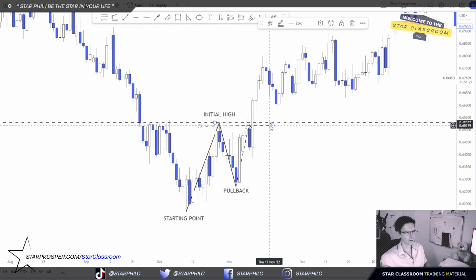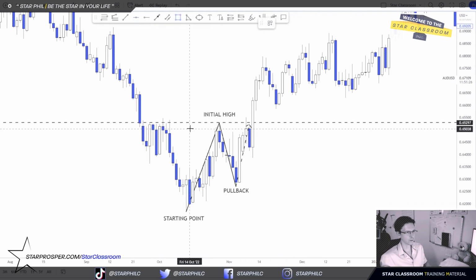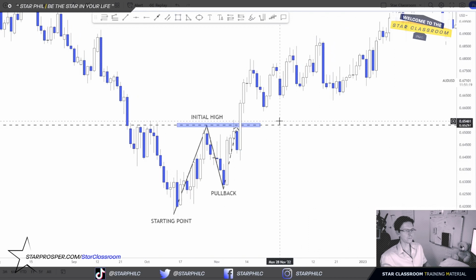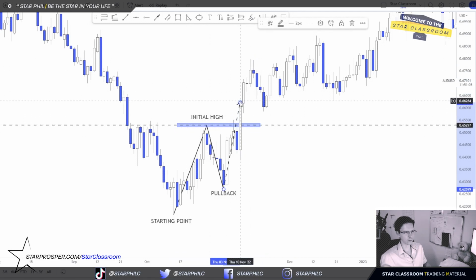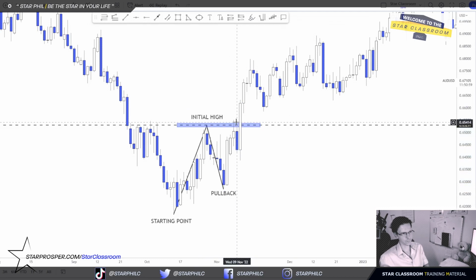We're retesting this high, right here. And then price action continues towards the upside, giving us a break and close above our previous high, right? Right here on this candle, we get a break and close above our previous high.